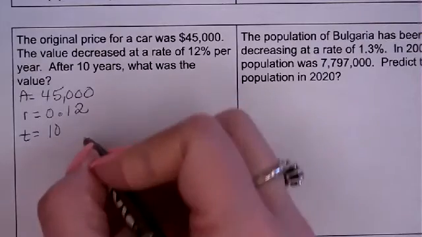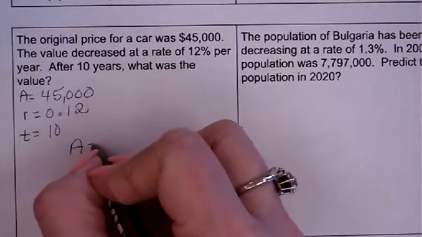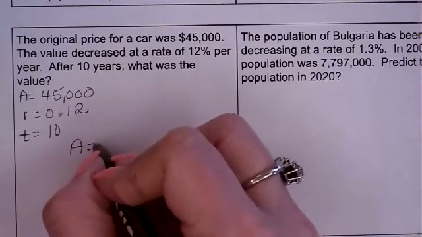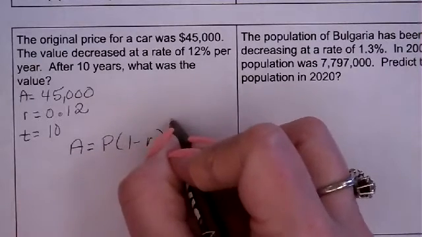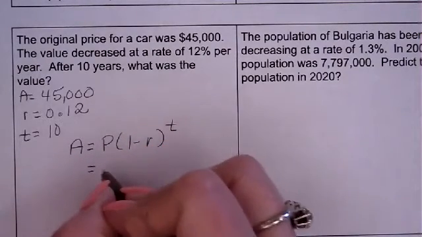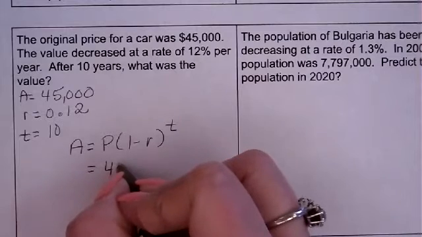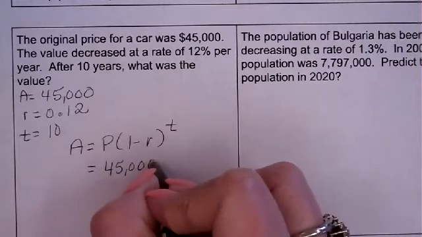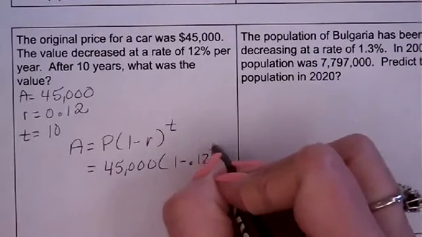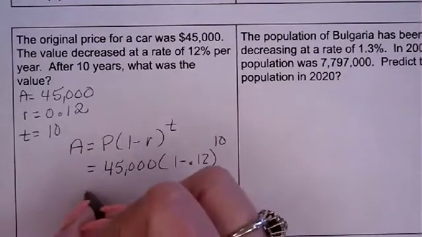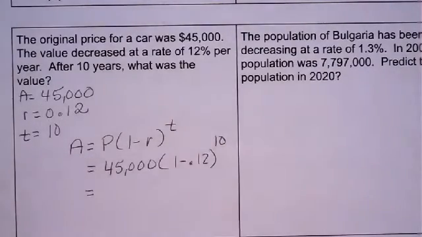Now, whenever we do this, first thing we're going to do is write down our formula. A equals P times 1 minus R to the T power. Okay, so A is equal to 45,000 times 1 minus 0.12 to the 10th power. Okay, now you just go to your calculator and you can just type that in.